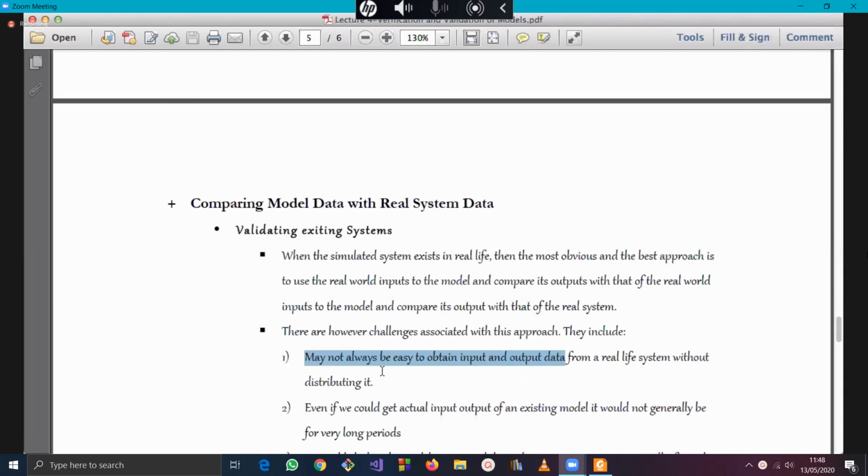Now, I can give an example on this one. There's a student I was supervising, and I kept reminding him that there is a challenge he's going to face as far as data is concerned. But he kept on saying, no, I know where the data is, I can get it, which is within his right. What was the student doing?